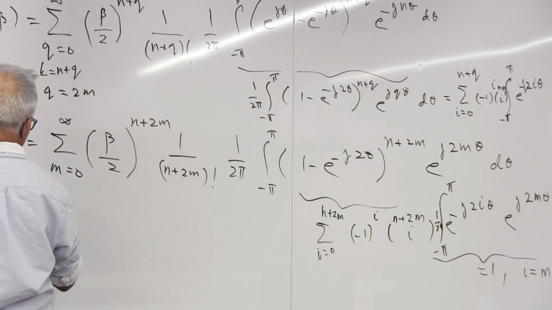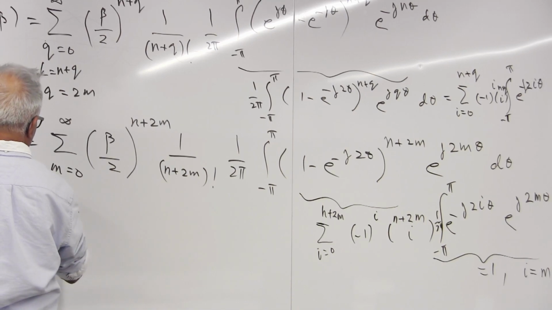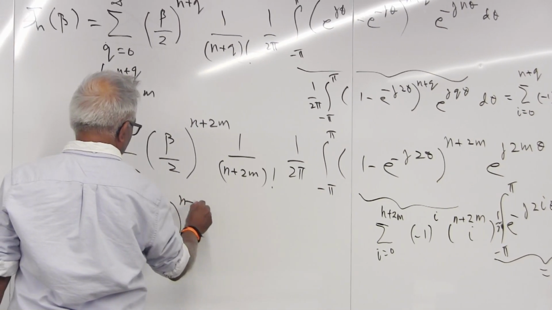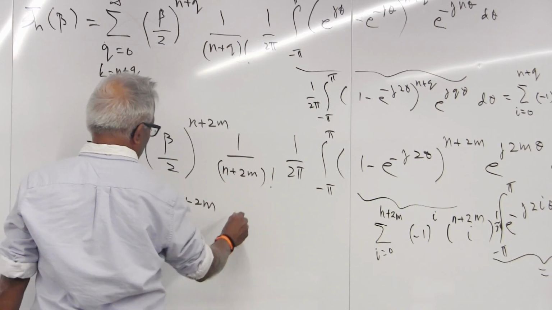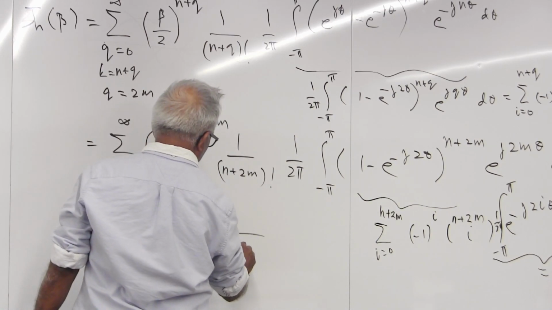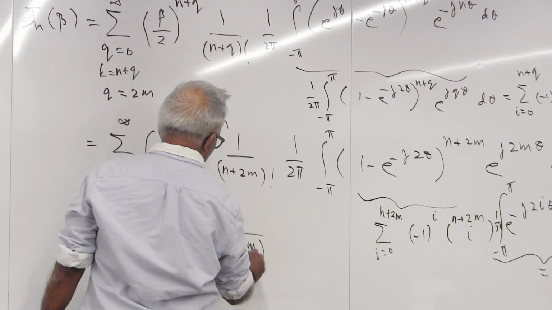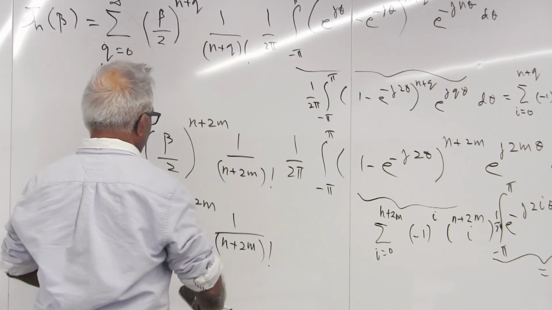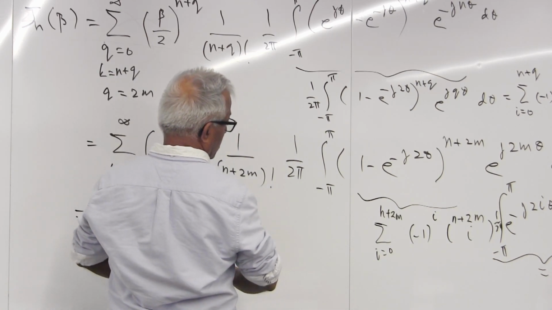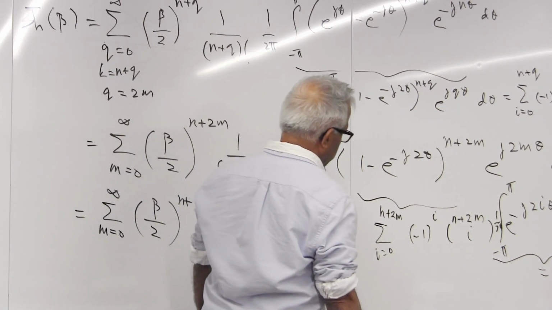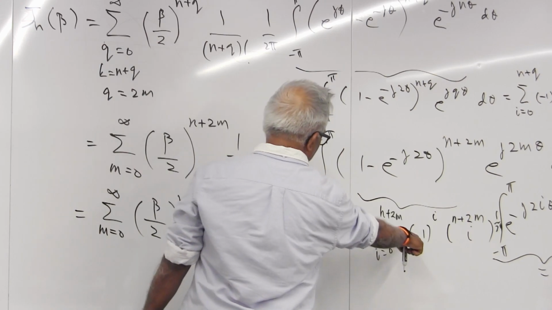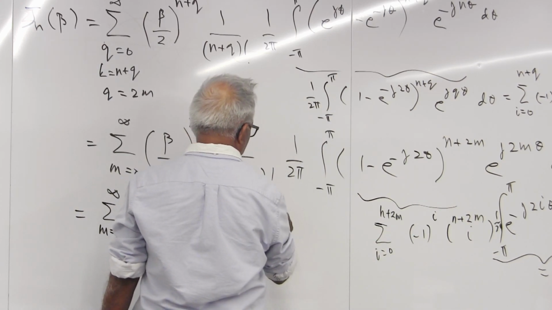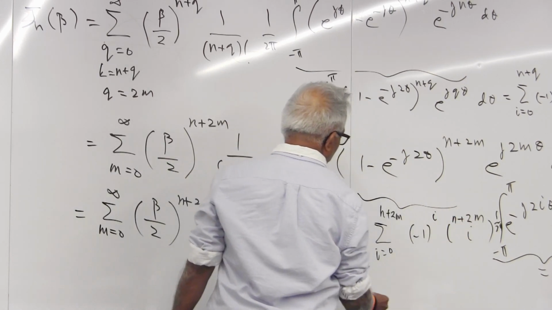So this will read now: m equal to 0 through infinity, beta by 2 to the power n plus 2m, 1 over n plus 2m factorial, and when I is m, this is minus 1 to the power m, then n plus 2m choose m.